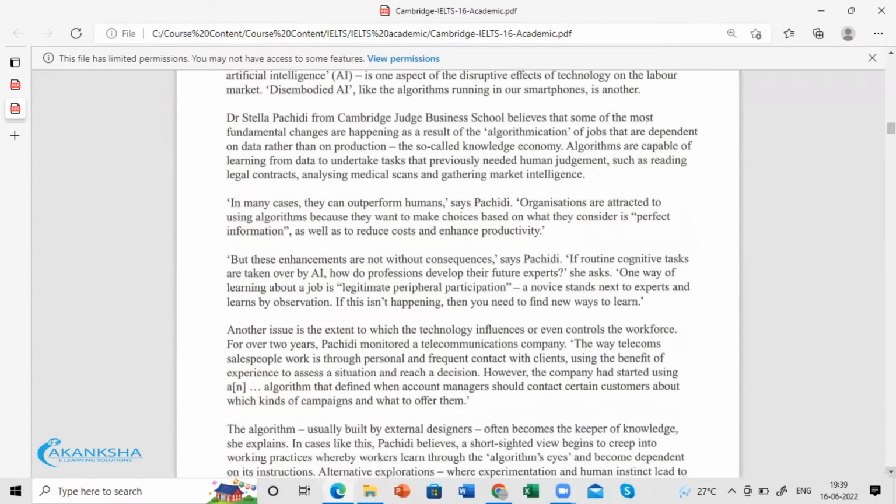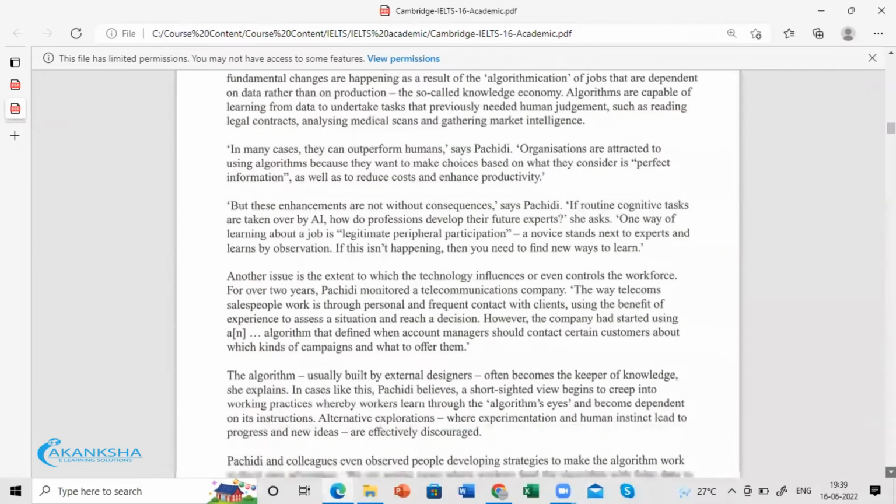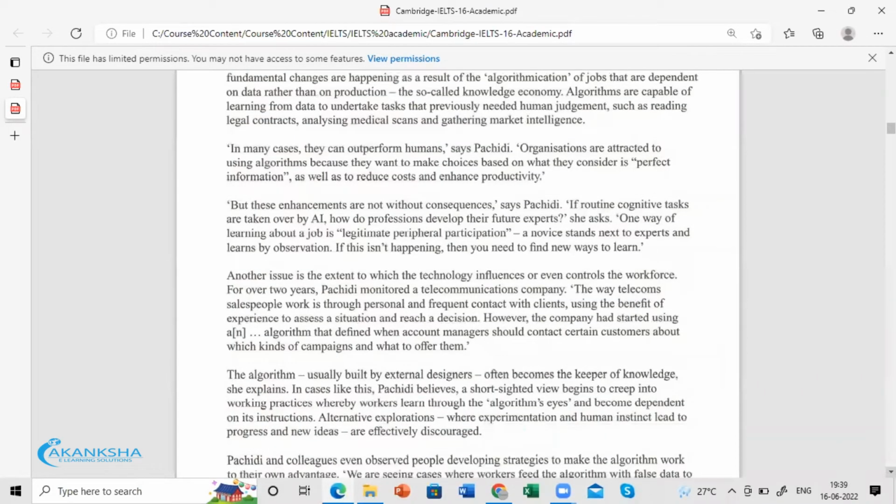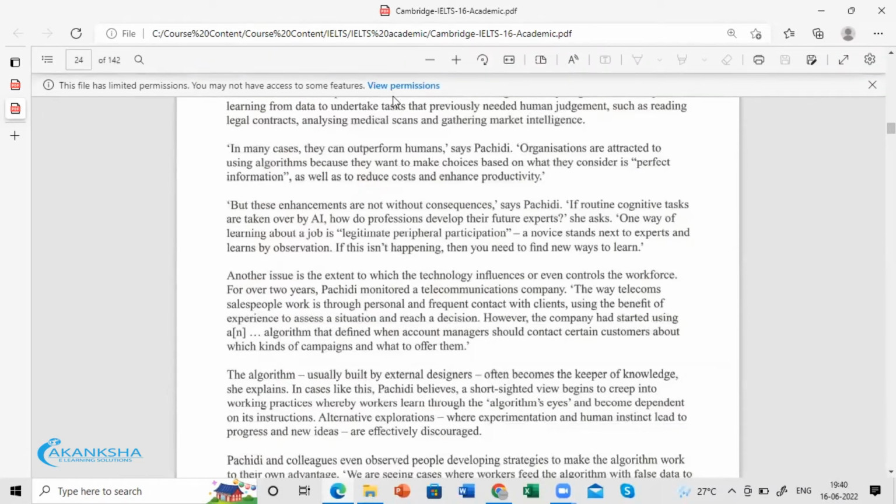You just have to check in other places if he or she has said something. And see here also Pechidi believes a short-sighted view can creep into working practices, learn through algorithm's eyes.